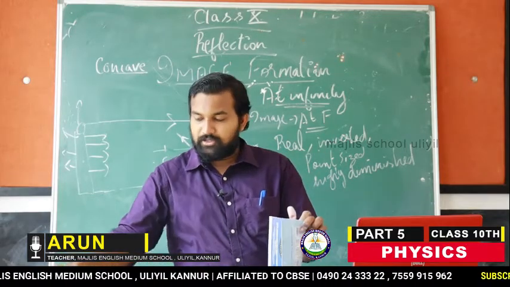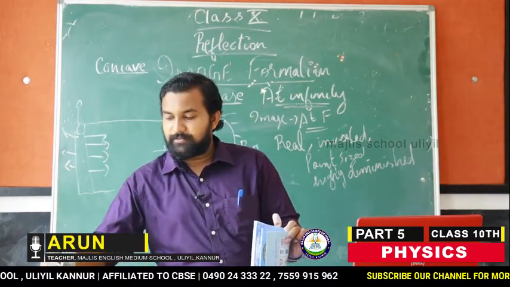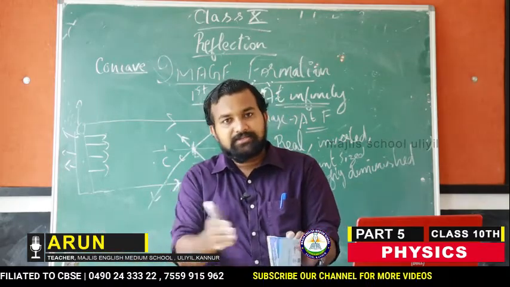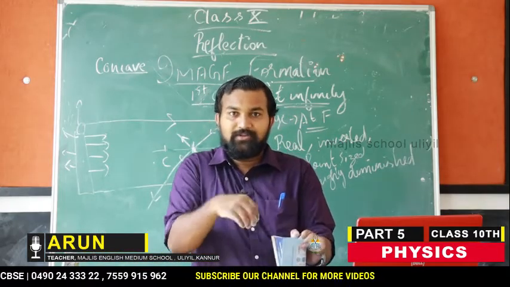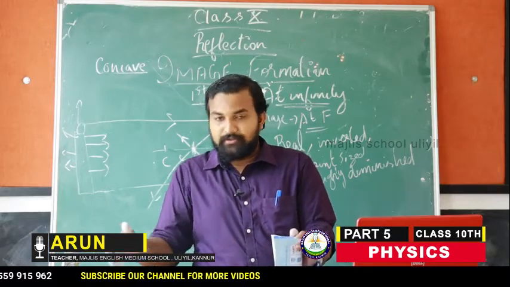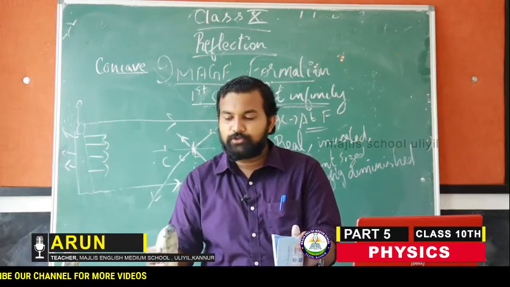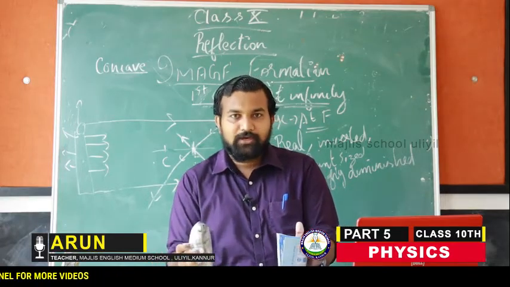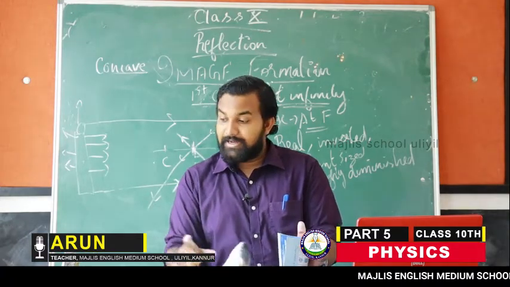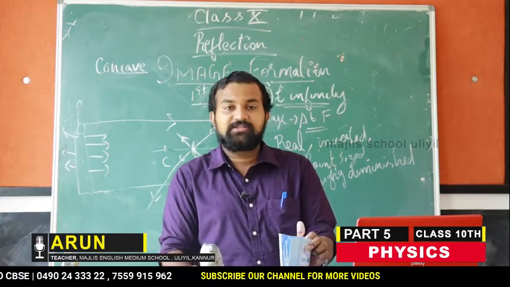The candle is kept over here, the rays from the candle are coming and hitting the mirror, and they will be intersecting somewhere over here. So, I have to take a white background screen and adjust it from here in such a way that I am able to get the image of this candle, or the object, on the screen.